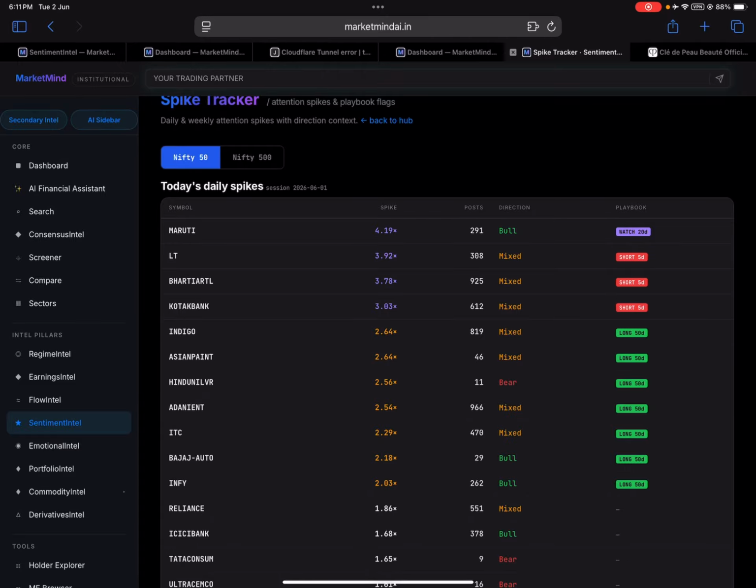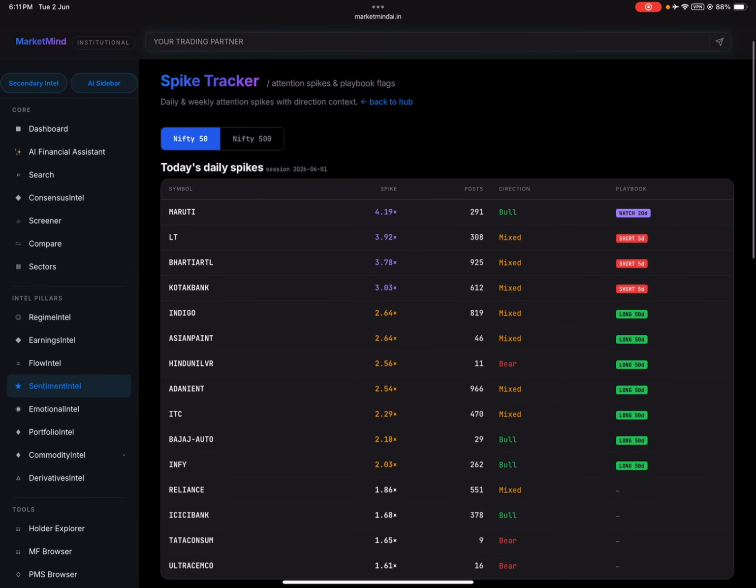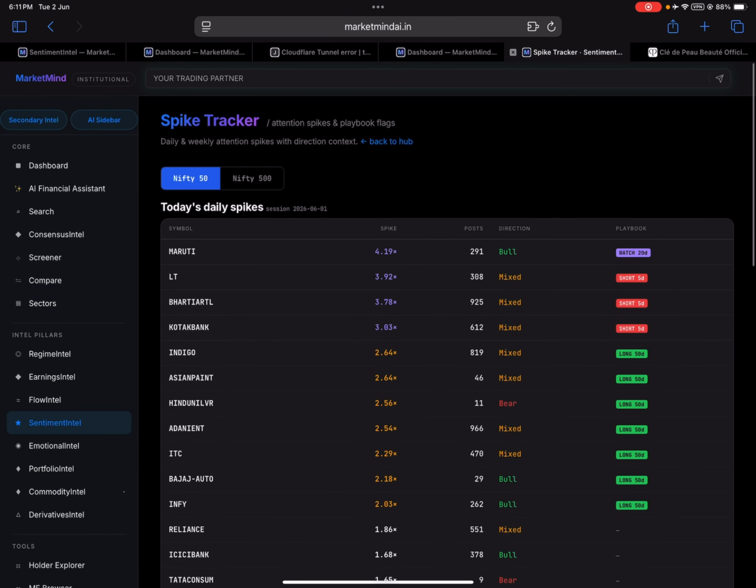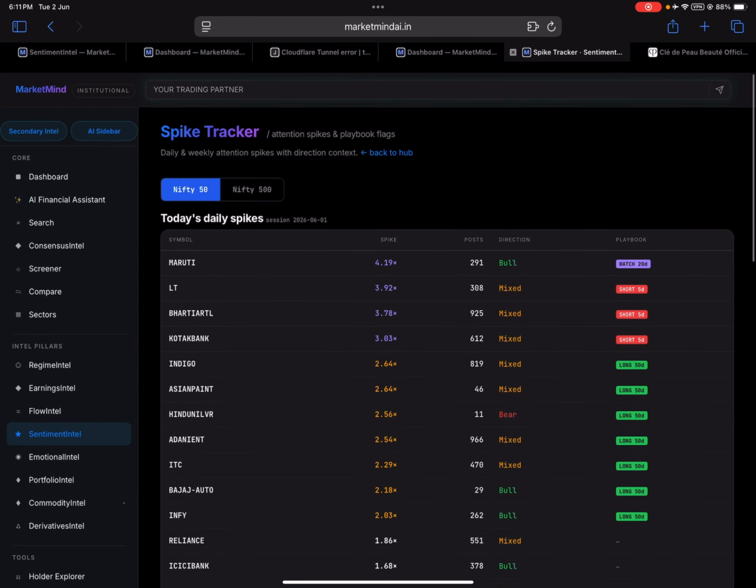And as you can see here, we also have done some calculations for you beforehand, such as Maruti had a big spike on the 1st of June, but the direction was bull. But it means just watching it, because we don't have a clear consensus on whether it's going to go up or down because of this. So that's the spike tracker.